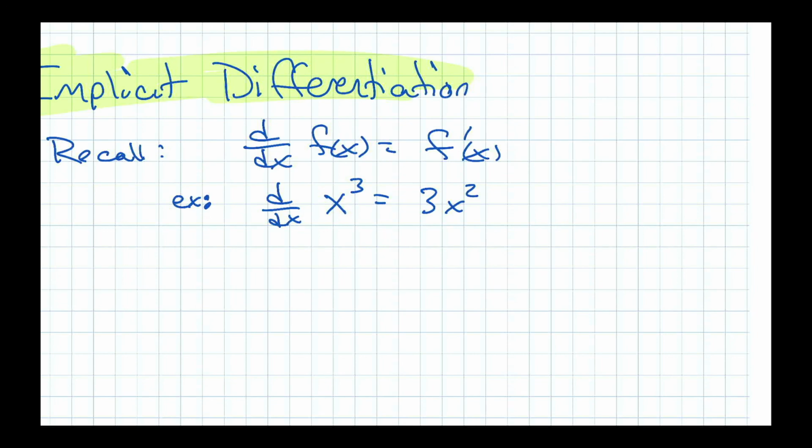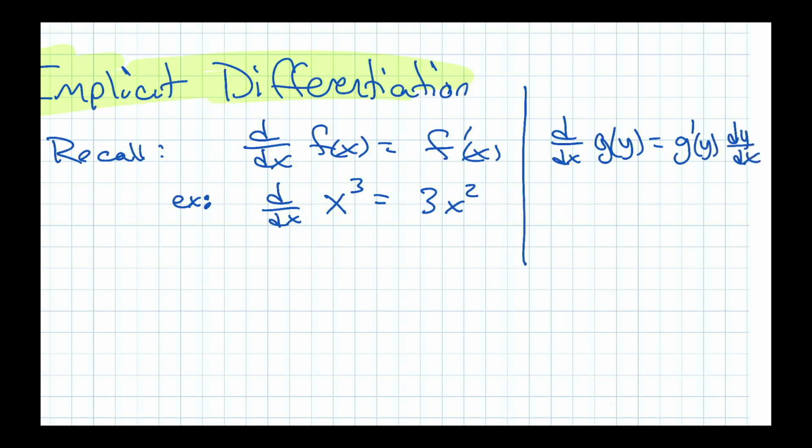So that's easy. But if you do d dx of, let's say, g of y, so a function of y now, then what you get is g prime of y dy dx. And so the difference is you've got to tack on this extra dy dx, and that's what the chain rule says you have to do.